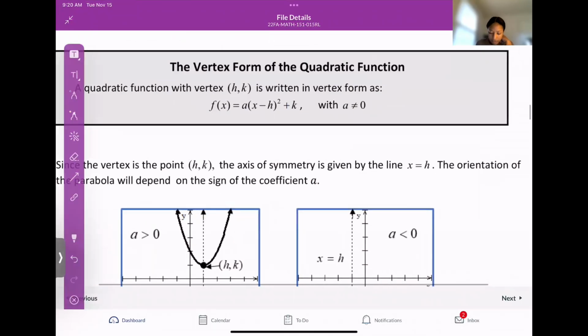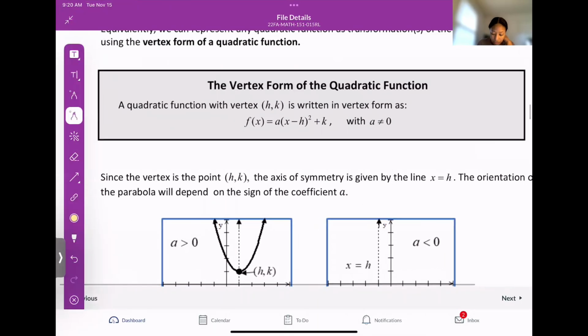All right, our other big form. We talked about the standard form of a quadratic function. I'll remind you up here, standard form is f of x equals ax squared plus bx plus c. And then we also now have the new vertex form. This is another way we can write out the equation of a parabola, which quickly allows us to identify the vertex.